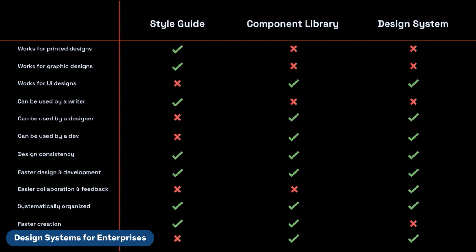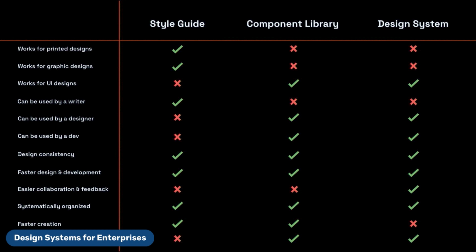Just to give an overview, this is a little warped on that side, I hope you can see. For print designs, a style guide, or a brand guideline, that's another way of saying it, works for print designs but not for a component library or design system.